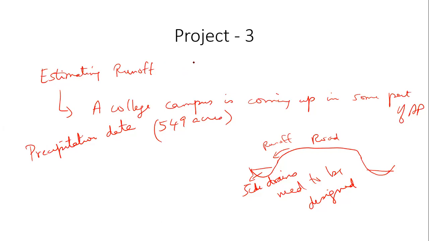So when I say peak runoff, what are all the factors on which this peak runoff depends? Can anybody name? Okay, I'm going to write rainfall. Can you tell me some other parameters on which this peak runoff depends? Slope. Yes.